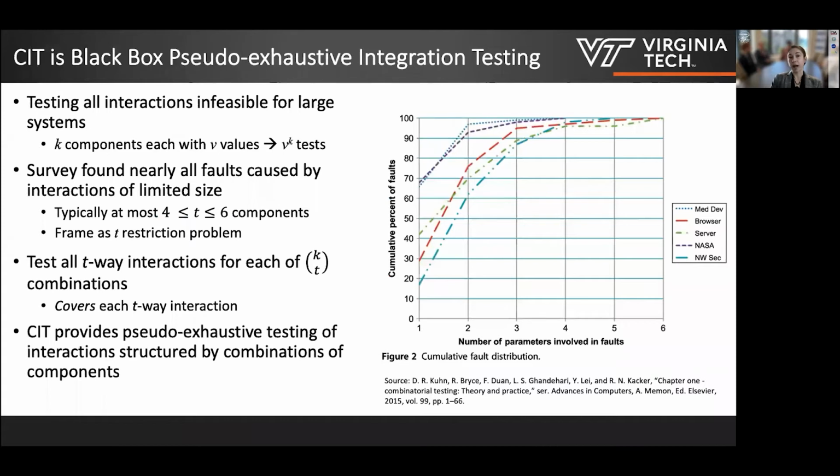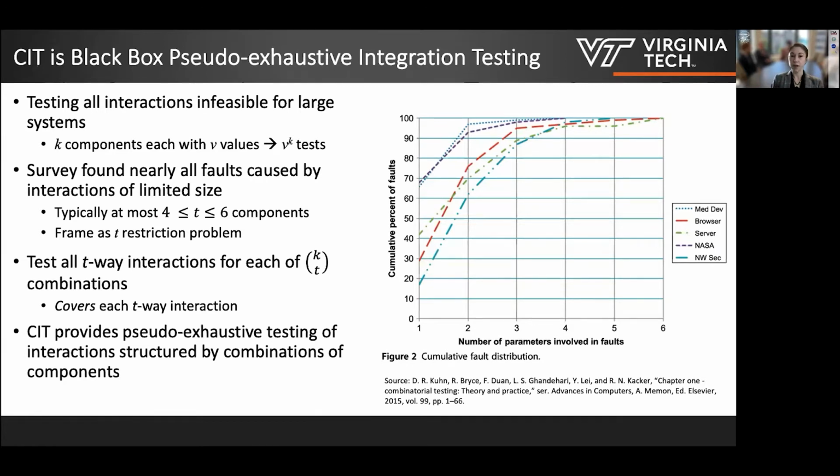CIT is a black box, pseudo-exhaustive testing method for integration testing. So often testing all of the interactions is infeasible for large systems. So if I have K components, and let's just say each of my components has V values, then I need to run V to the K tests if I want to test every possible case. So that'd be a full factorial.